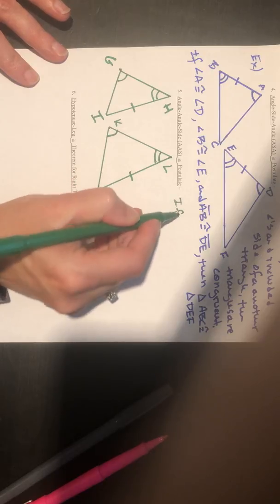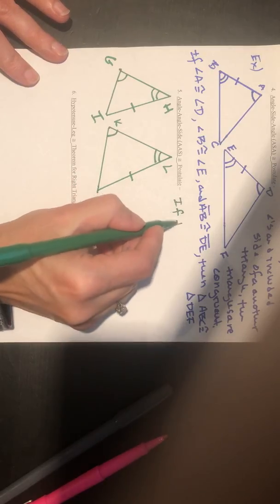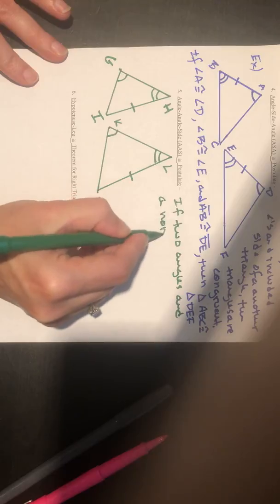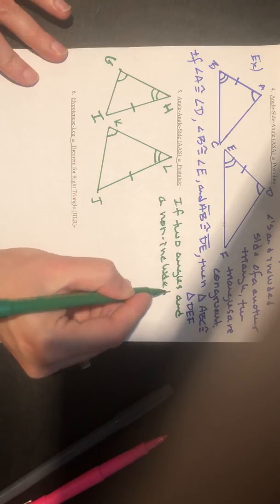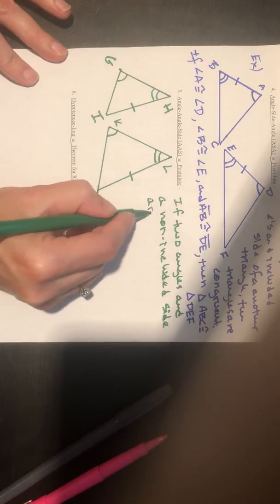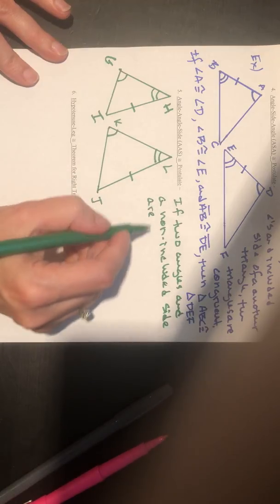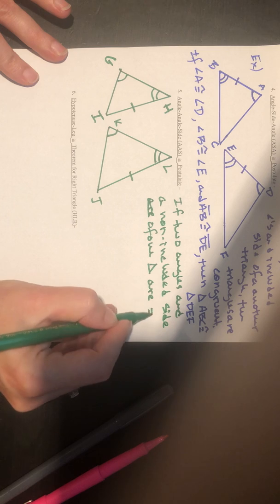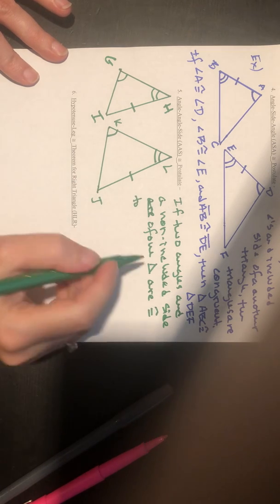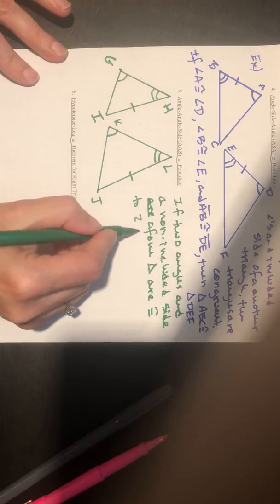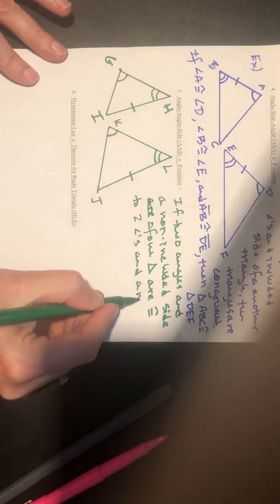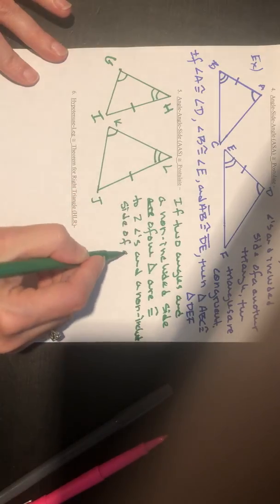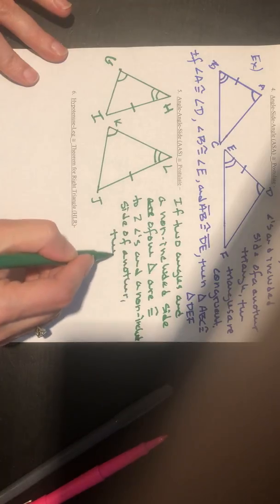So if two angles and a non-included side of one triangle are congruent to two angles and a non-included side of another, then the triangles are congruent.